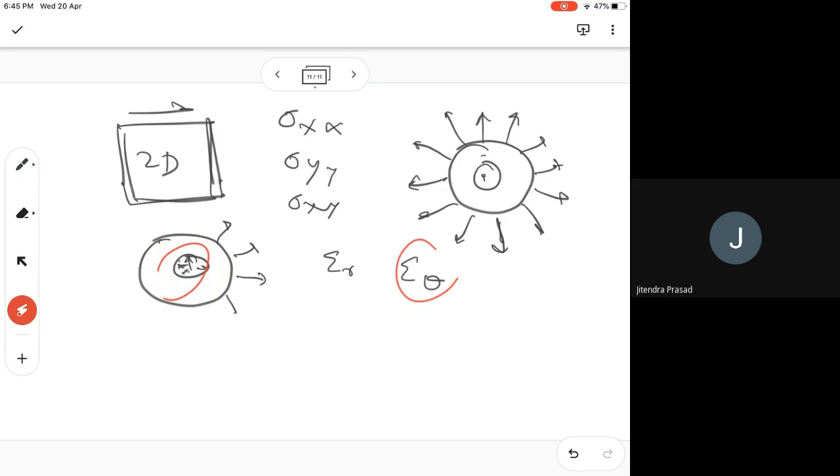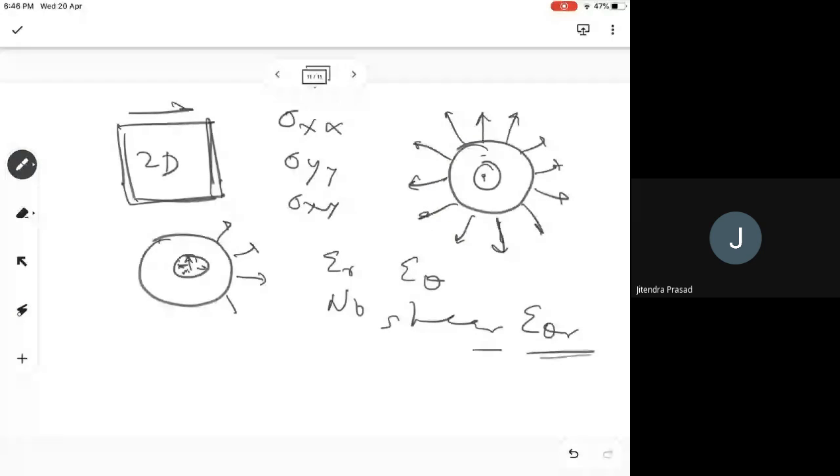And there will be no shear. To have a shear, you need some kind of asymmetry. Otherwise it's not possible, right? Since you have an axisymmetric problem, the forces are symmetric as well. Because of that there is no shear, so there is no epsilon theta r, basically.